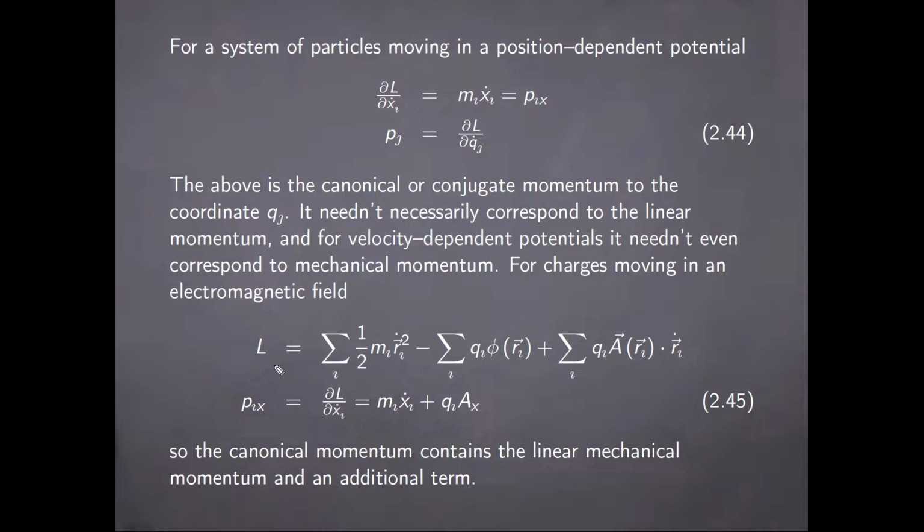And then in this case, if we apply the definition here and, for example, wish to calculate the x component of the canonical momentum of particle i, then it follows immediately by taking the derivative that this canonical momentum contains both the linear momentum of the particle and an additional term, which is the one here involving the x component of the electromagnetic vector potential.